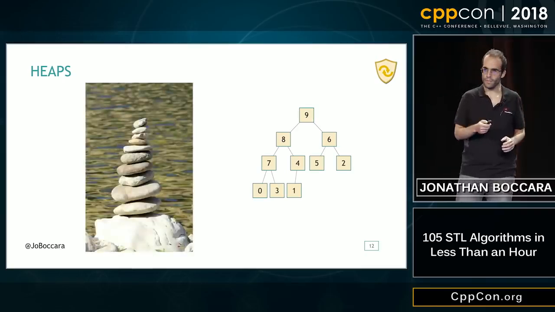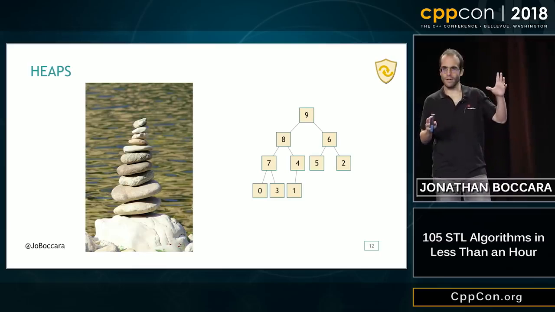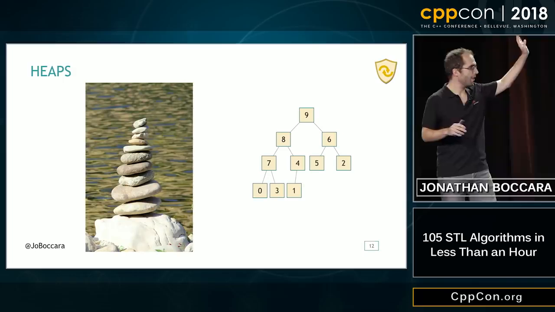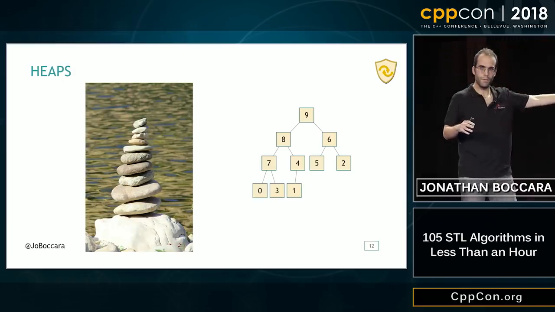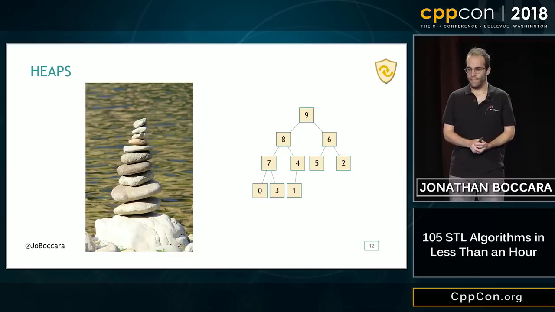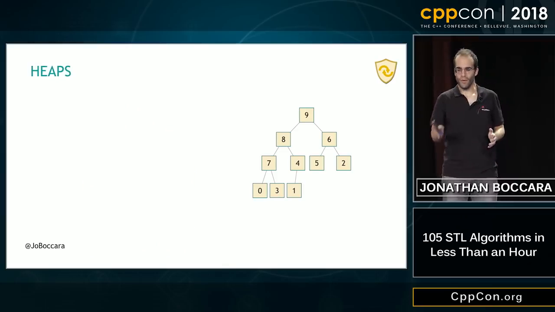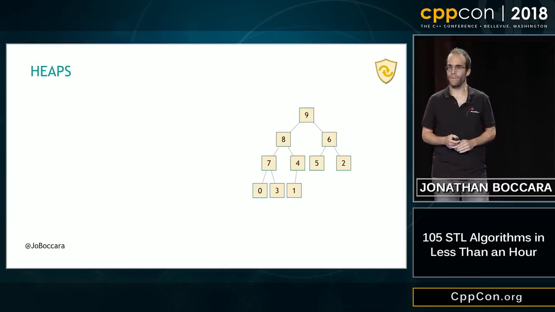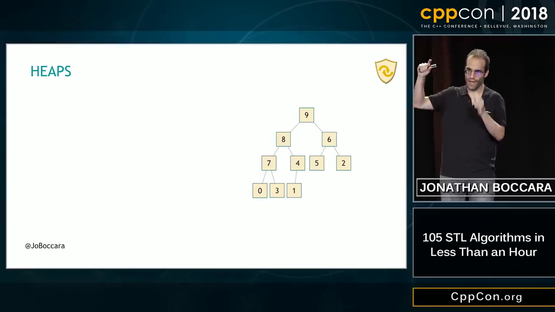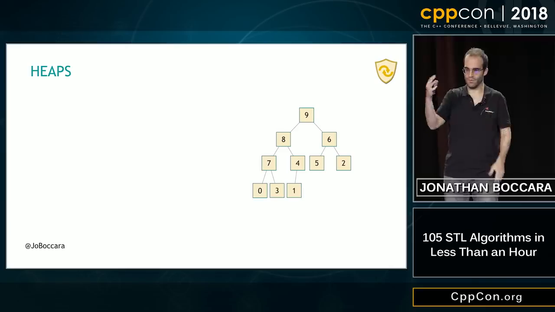I think it's called that because it kind of looks like a heap in real life. Like the small ones are at the top and the bigger ones are at the bottom. It's better having a heap. Now you can observe that the heap on the right of the picture is the other way around, right? The biggest element is at the top and every element is bigger than its children.